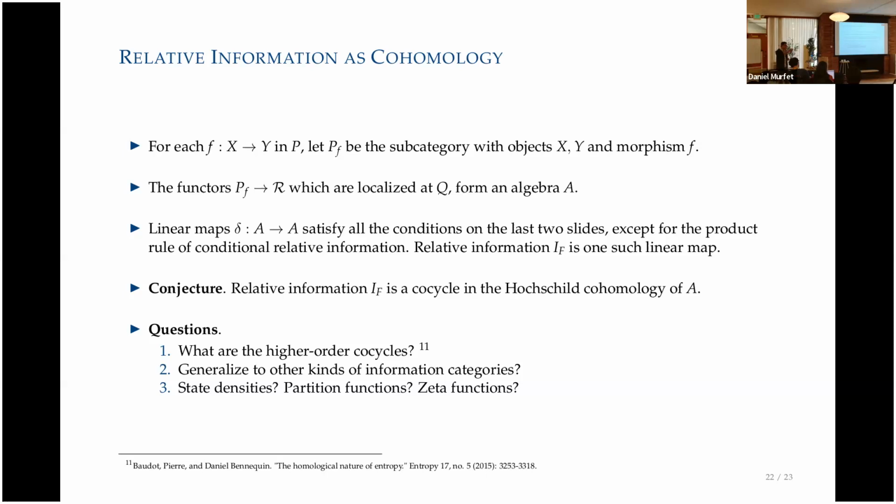Yeah, question? There is also this information cohomology that was defined by Baudot and Bennequin. Yes, that's right. There's some difference. Here they look at entropy, whereas I'm looking at the relative entropy.